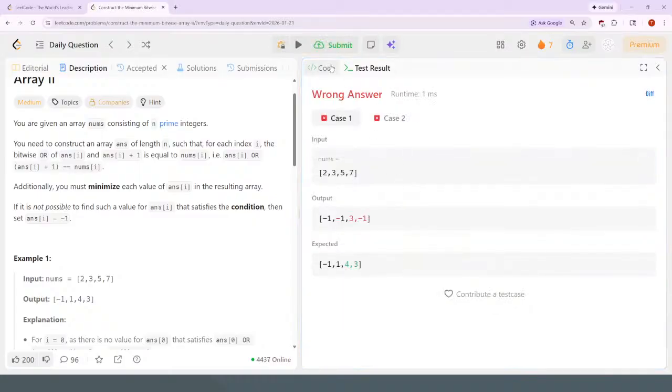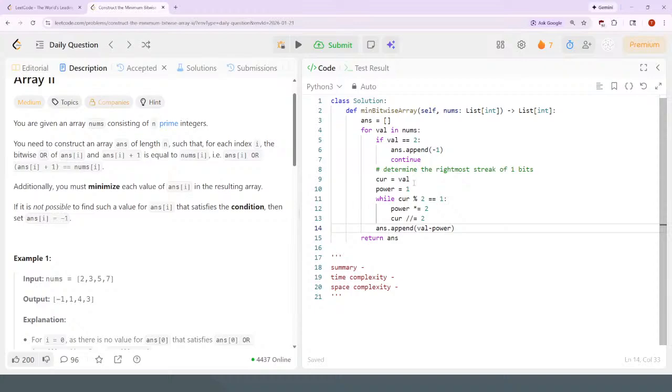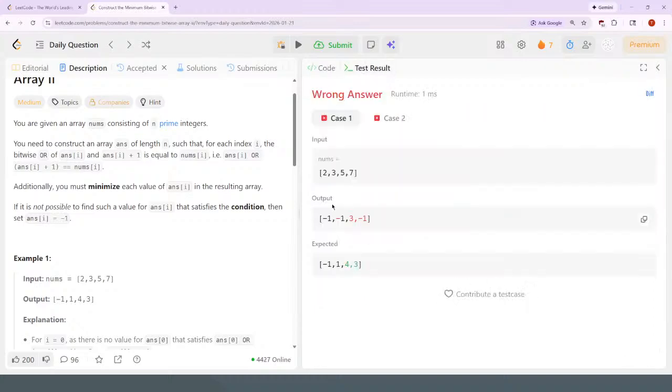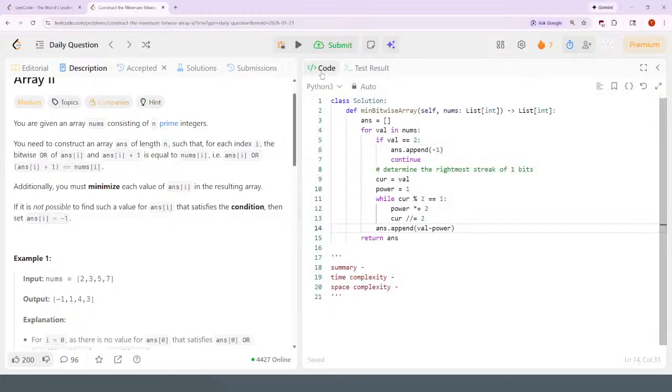Wrong answer. It's off by a factor, I think. It's subtracting too big. But I do want power to start with 1. It's not always subtract 1.